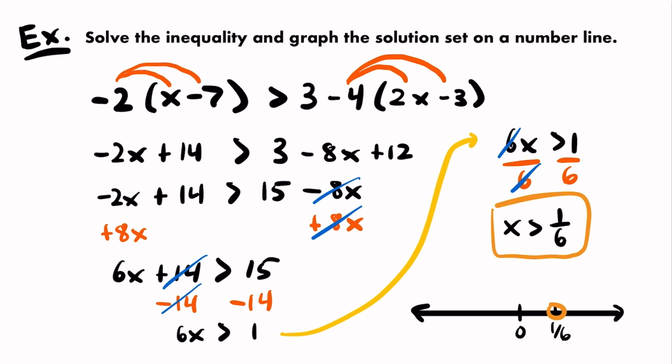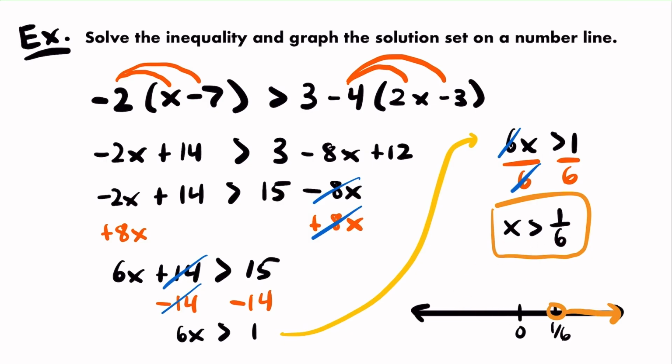So I'll draw an open circle at that value, and then draw an arrow in the direction of the other values included in the solution set, which are any values of x greater than 1/6. And values greater than 1/6 are to the right of that number on the number line. All right, so I will draw an arrow in that direction, and we're good to go. We have now solved this inequality and graphed its solution set on a number line.